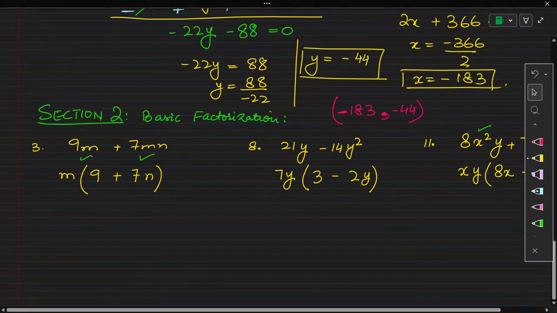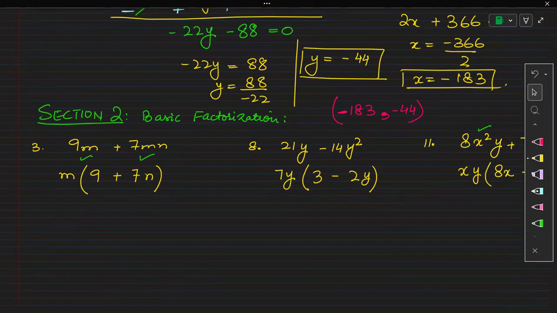Now we have another question. Let me do question number 18. 9n minus 18 minus mn plus 2n, right? Now, if you look at the two numbers, first of all, you can take common from each term, but you have seen that there is no common factor in all the four terms.